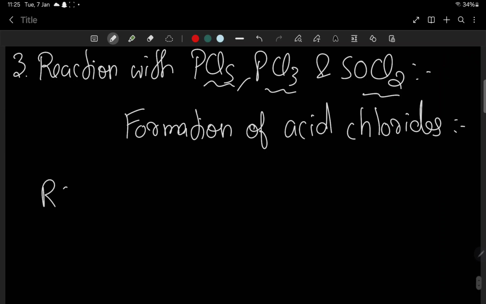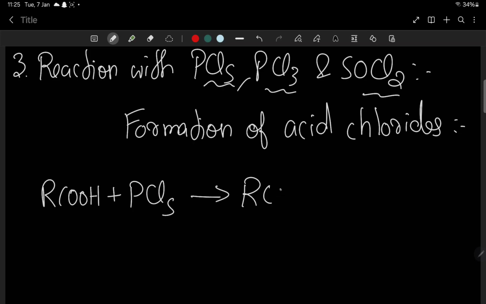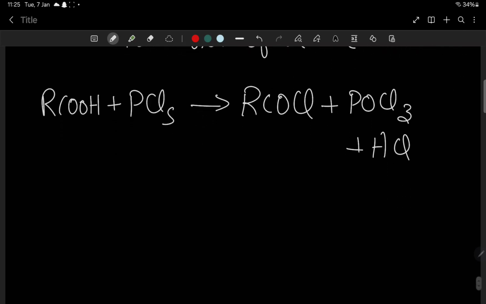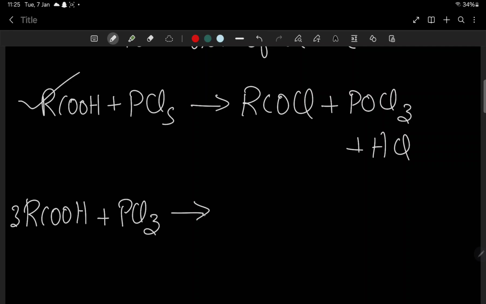It is like RCOOH plus PCl5, we get RCOCl plus POCl3 plus HCl. Okay, first reaction, just learn this. Second one, 3RCOOH plus PCl3 gives us H3PO3 plus 3RCOCl.